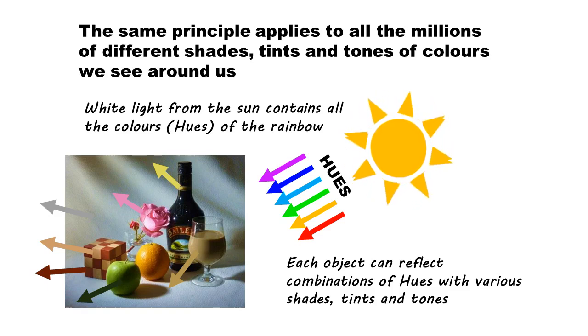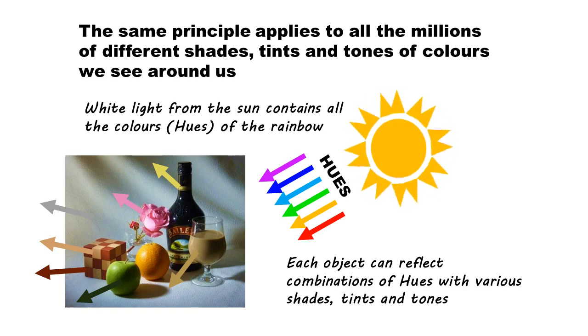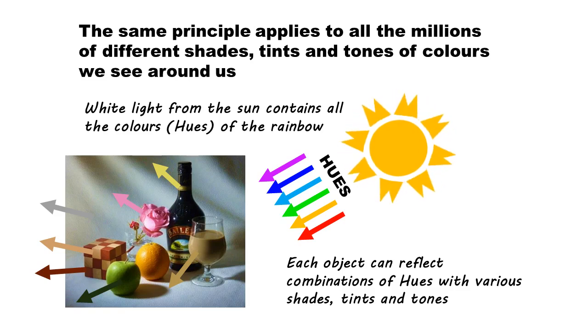It's just that in most cases we're seeing a combination of wavelengths of light, or hues, reflected off objects. And these wavelengths of light are often at various intensities, which also affects how the colours look to us. I'll be covering how the millions of colours which we see are created in the next video.